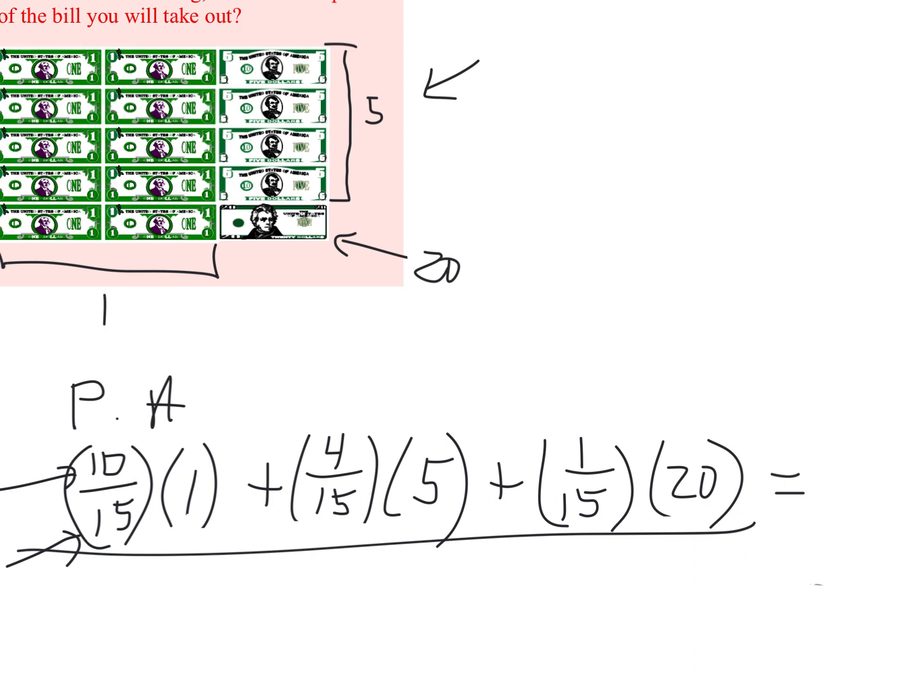Do I have to say times 1? No, I'm not going to say times 1. Okay, he's got a new answer. Give me just a second, I want to get my new answer. It's close, it's around $3. 3.4?